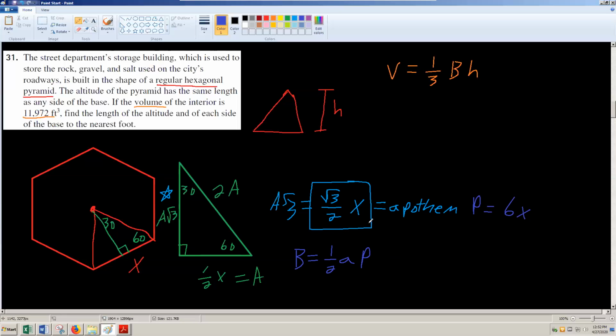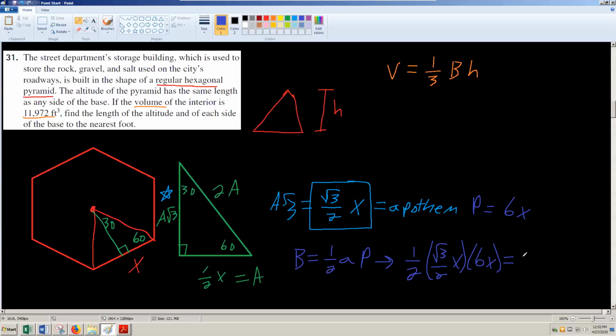So now I'm just going to plug all this stuff in. My base turns into 1/2 times root 3 over 2 times x times 6x. So here, the 6 and the 1/2 are going to cancel off, or you could turn this into a fourth and then cancel it off after. It really doesn't matter.